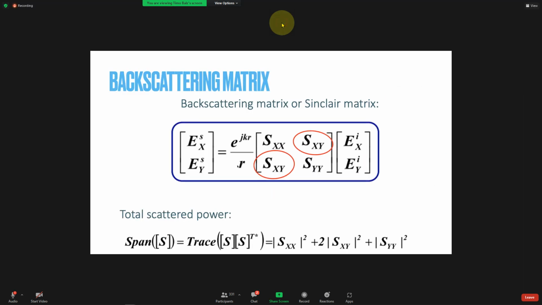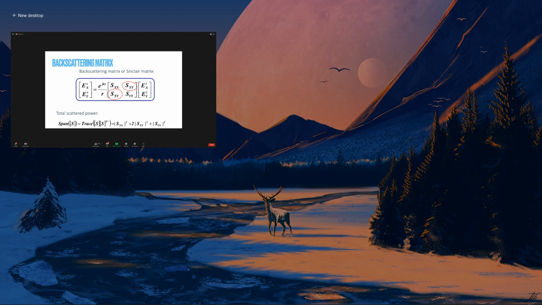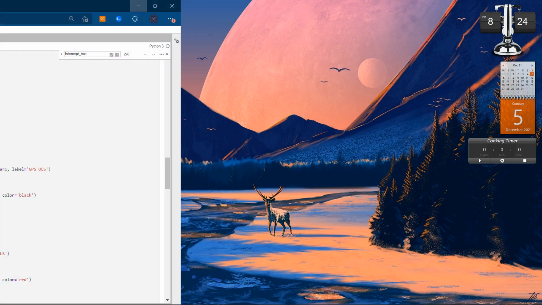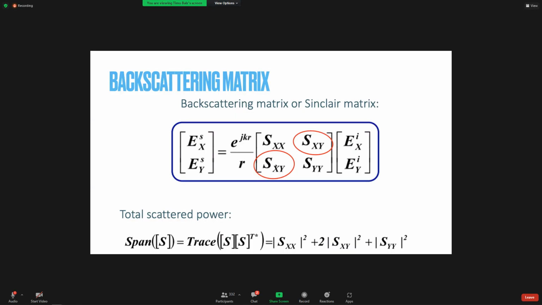Also, you see that small difference here. Yes, both are XY. If you have a monostatic SAR sensor, and typically that's what you have, then theoretically HV and VH are identical.